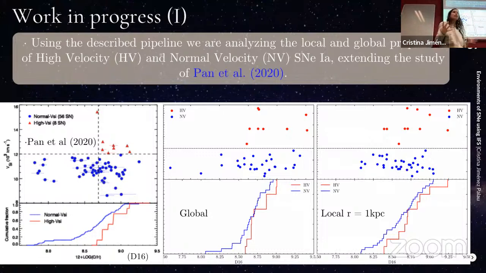So I am extending the study, because instead of just doing this, I am doing global and local analysis. Instead of studying just one place, I study the whole galaxy and extend it.